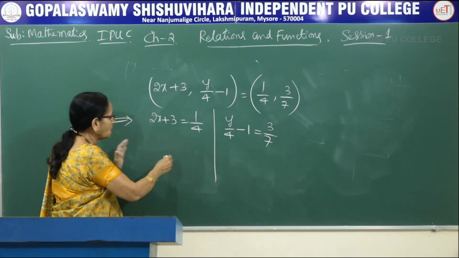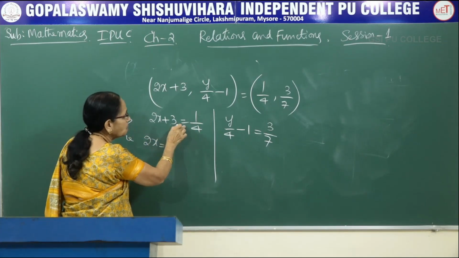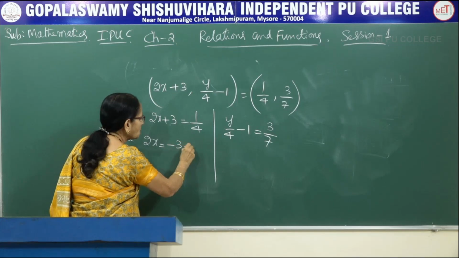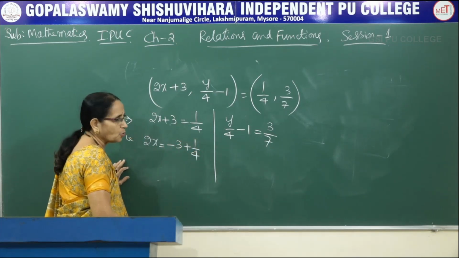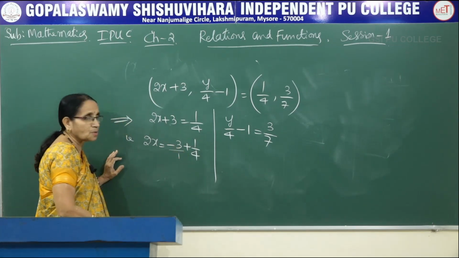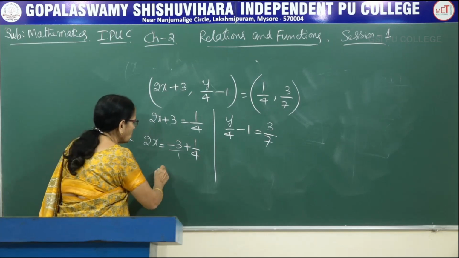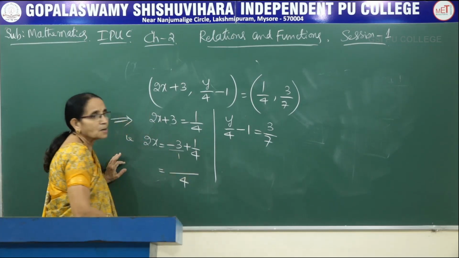Now here, 2x equal to, shift 3 to the right hand side, which becomes minus 3. Minus 3 plus 1/4. Now again minus 3 you can write as minus 3/1 for your convenience, though it is not necessary. For 1 and 4, 4 is the LCM.